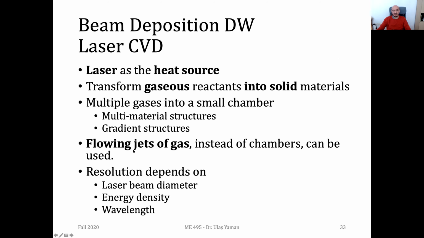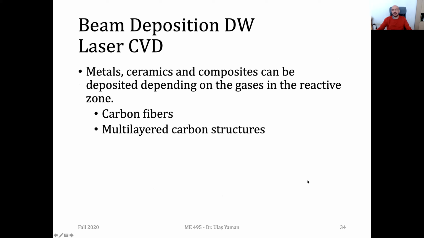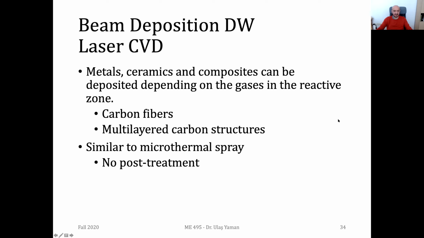You may apply these gases by using some jets, and the quality and resolution will depend on the type of laser you are using. The beam diameter, density, and wavelength will affect the quality of your deposition. This way, you may deposit several materials like metals, ceramics, composites, and you can even deposit materials on carbon fibers or different carbon structures.